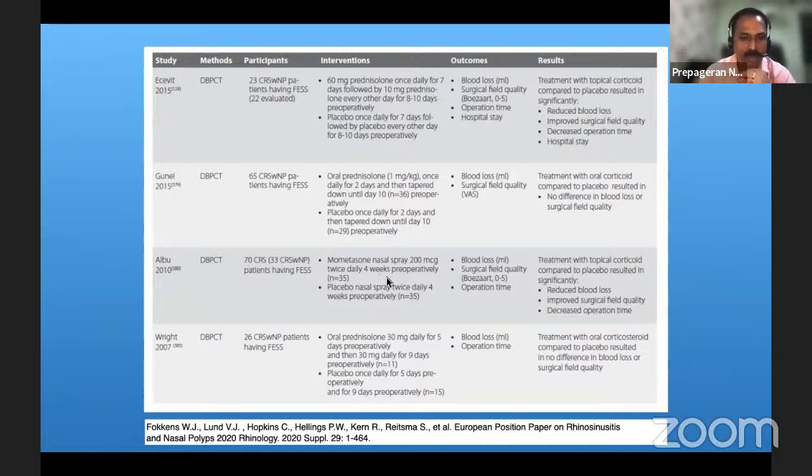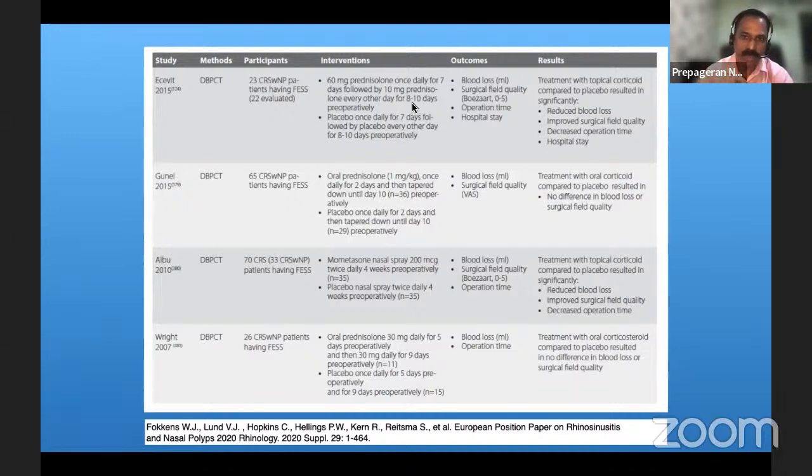So the problem now is that we have 2 papers with oral steroids that show no difference, and 1 paper that shows a significant difference with oral steroids. So we do not know how much steroid to give. We do not know for how long. The only difference between those 2 papers and the one that shows a significant difference is that it had a loading dose of 60 milligrams of prednisolone for 7 days, compared to the other, which is 1 milligram per kilogram body weight for 2 days.